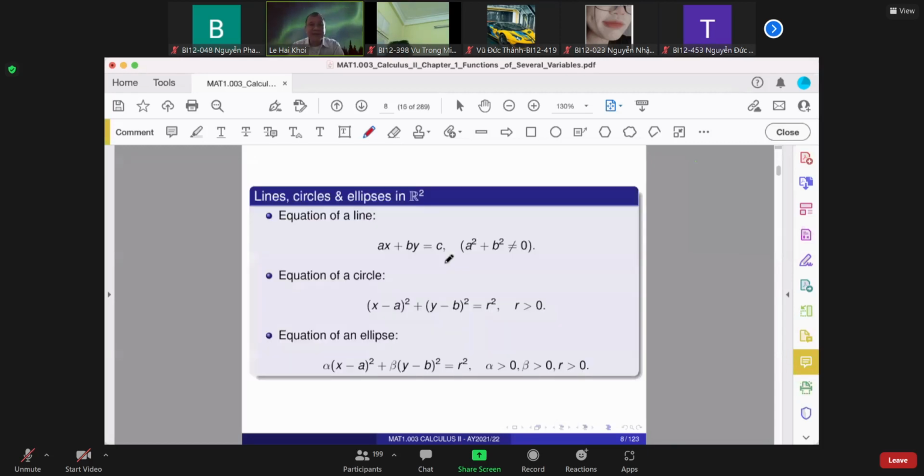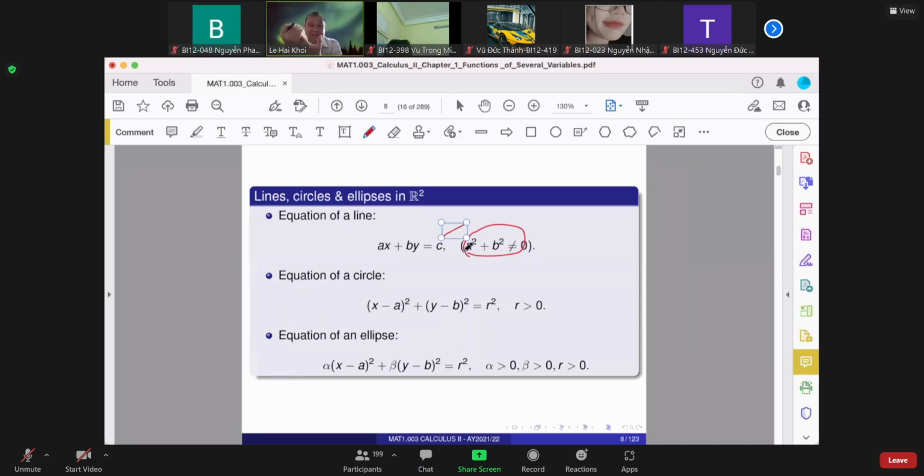But more interesting, you should recall the equations of some very important straight lines and curves in R2. So for the equation of a line, you have this one, and don't forget to provide the condition a squared plus b squared is not 0, which means at least one of the two coefficients a and b must be non-zero.